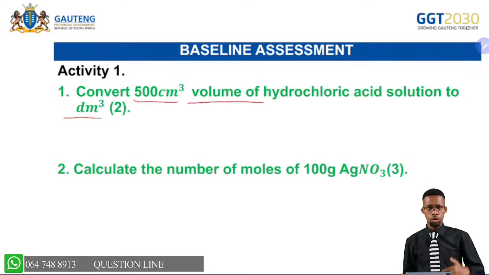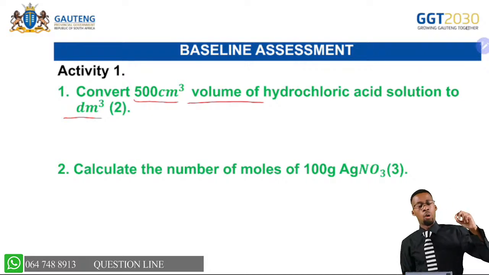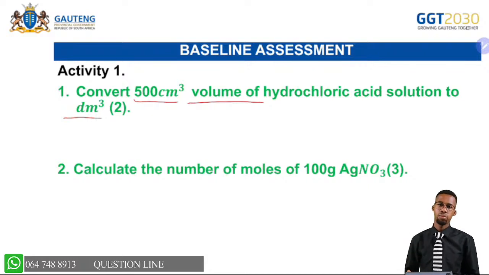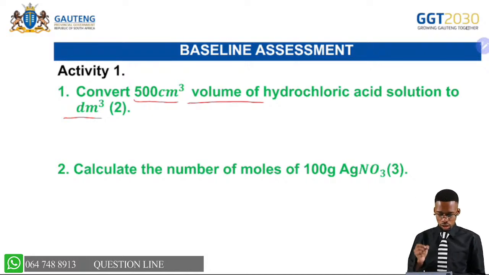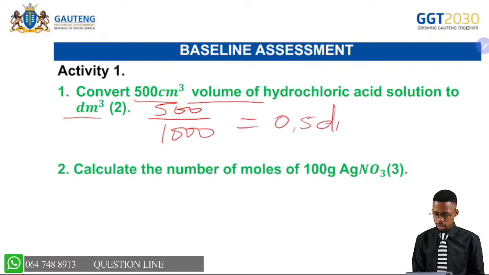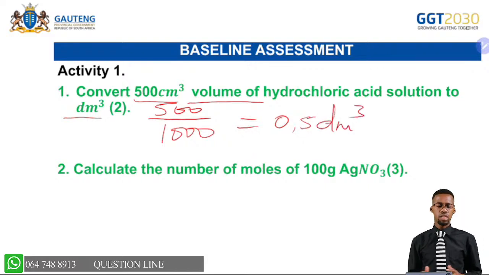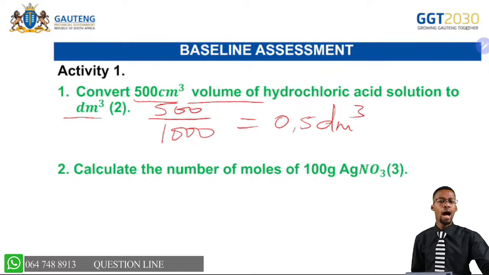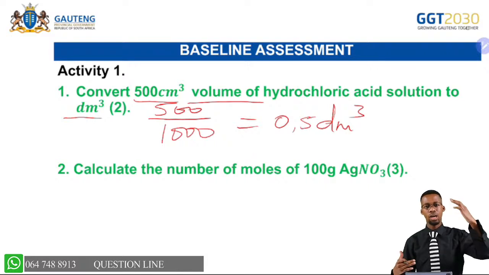Centimeter cubes are smaller than decimeter cube. So we are going to divide this by 1,000. So you're going to have 500 divided by 1,000. Then your answer will be 0.5 decimeter cube. This is a skill that we are going to use on a continuous basis.